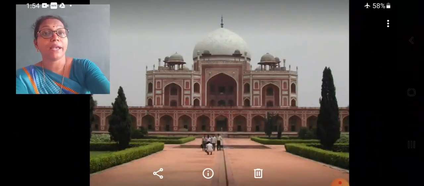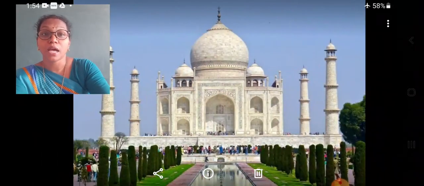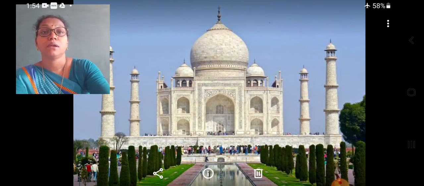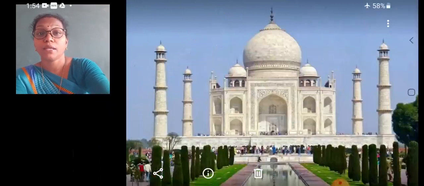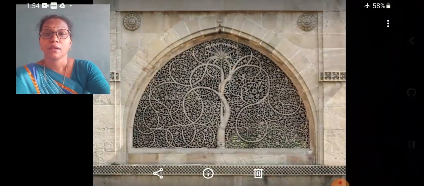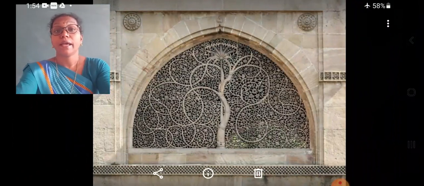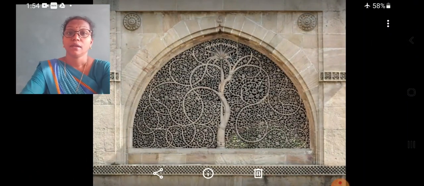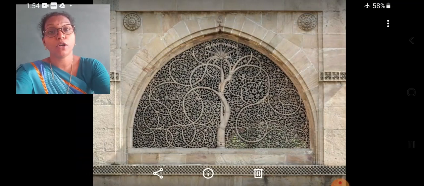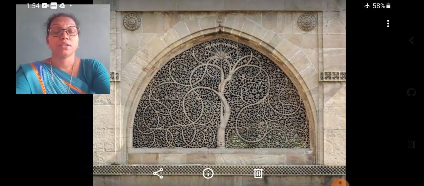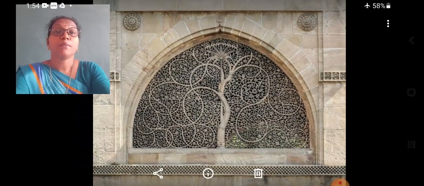Humayun's tomb in Delhi and the Taj Mahal have large domes on the top of them. There were decorations in the monuments, forts and other types of buildings.